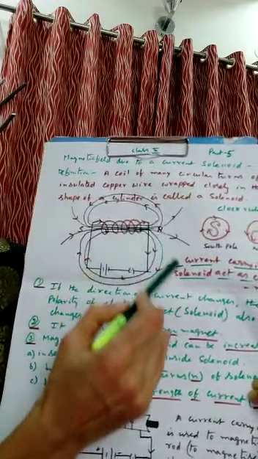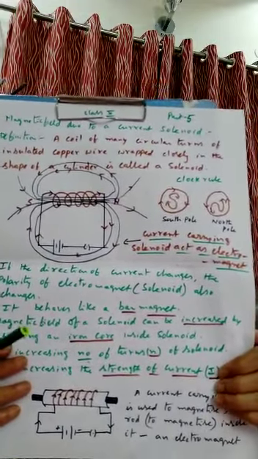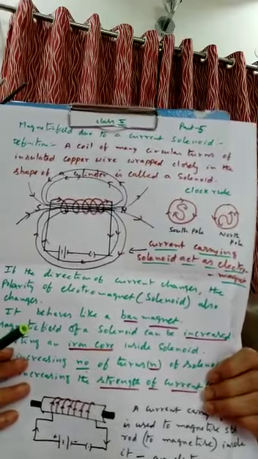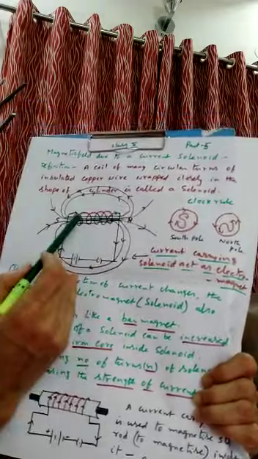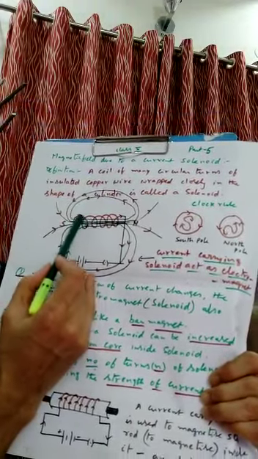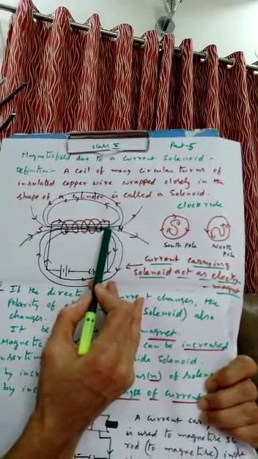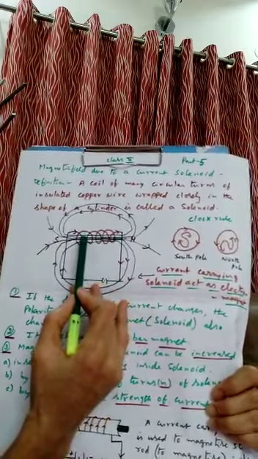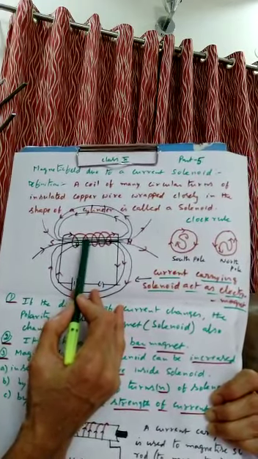We have studied in the last class, whenever a coil is carrying current, it shows magnetic properties, and we have drawn the magnetic field lines also. If you draw the field lines here, then what happens? Like this, the field is strong and uniform inside the solenoid, provided the windings are tightly and closely packed.